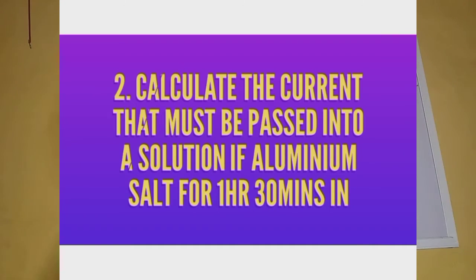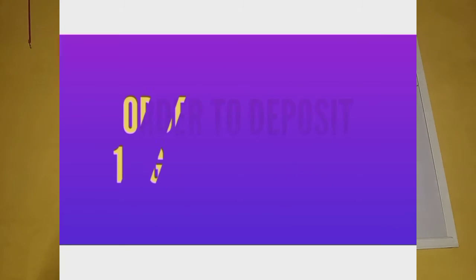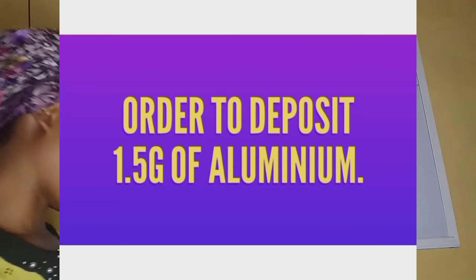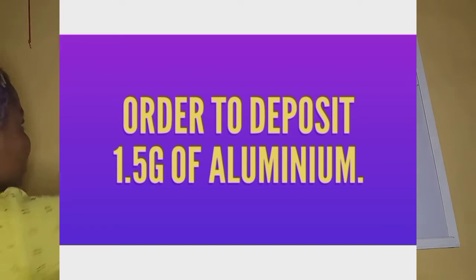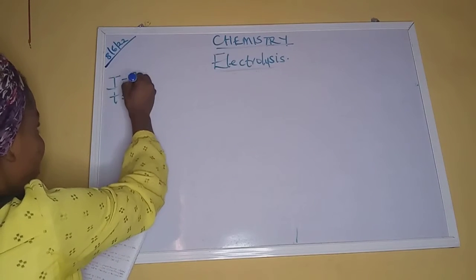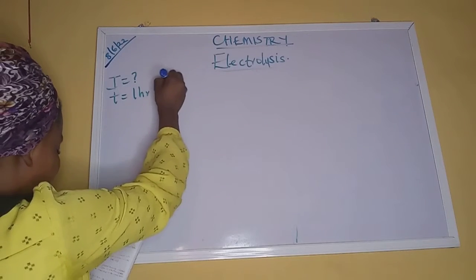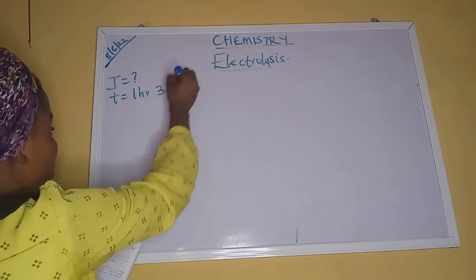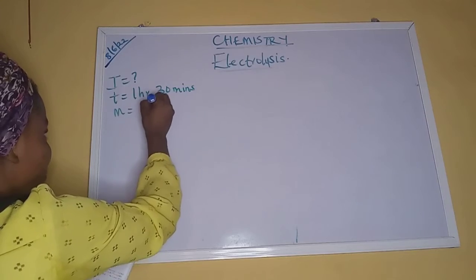That's number 2. It says, calculate the current that must be passed into a solution of aluminium salt for 1 hour 30 minutes in order to deposit 1.5 grams of aluminium.